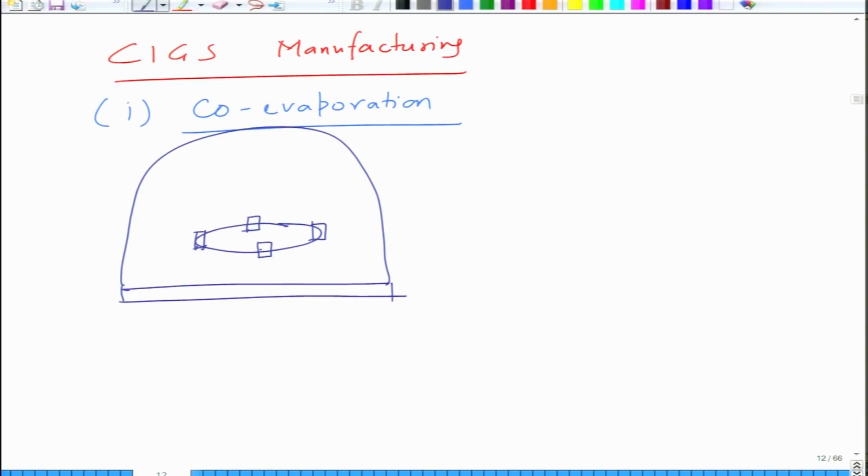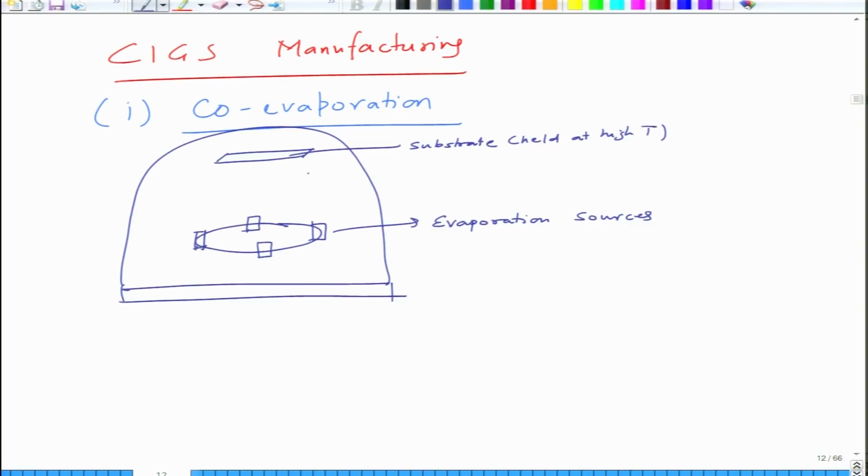They are all pointing towards the substrate. So, these are 4 evaporation sources. And then we have the substrate held at high temperature, and somewhere here there could be a growth monitor.